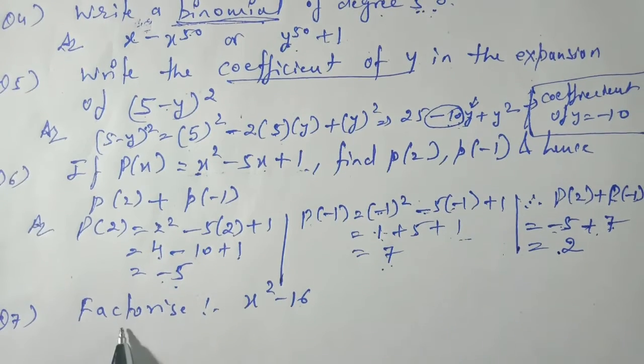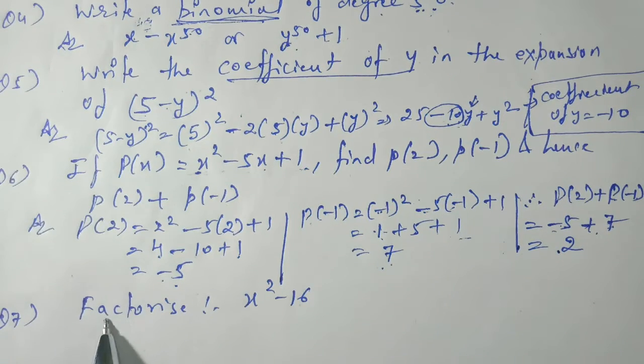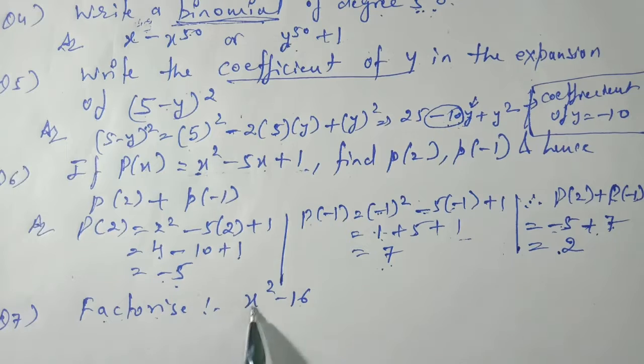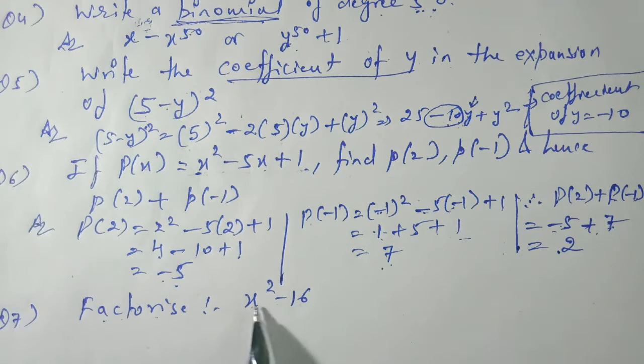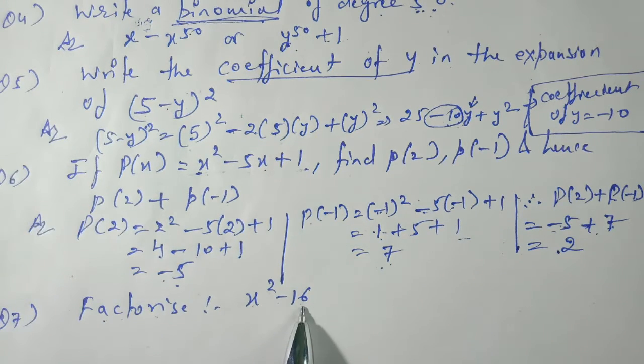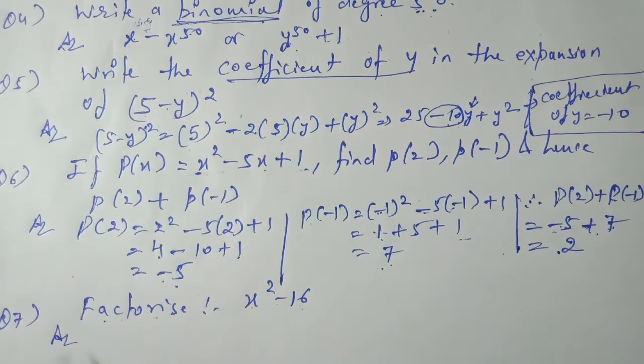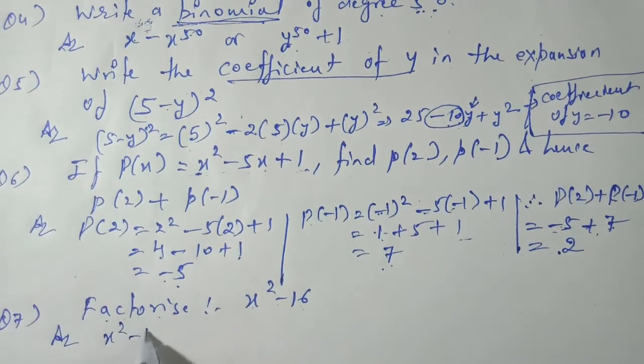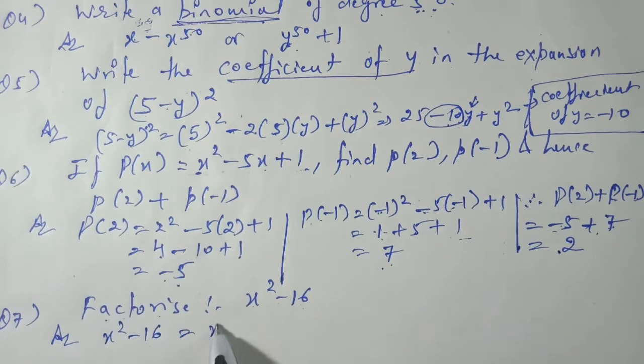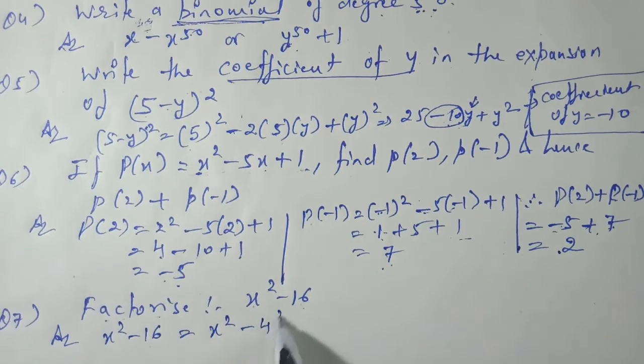Question number 7. Now comes the question based on factorize: x square minus 16. Here also we have to identify the algebraic identity. The first number is in square. We have to decide whether the second number can be converted into the square of a number. Yes, we can write 16 as the square of 4.